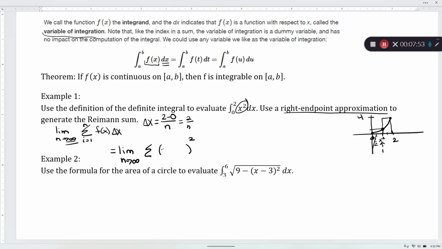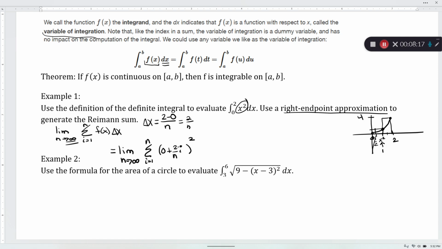So it's not happening at 0. It's 1 width over, 2 over n, okay? Now, I have to be kind of careful here because when I plug in a 1, I need to get the first rectangle, whatever it may be, right? So if I put in i here, will that give me the height at the first rectangle?